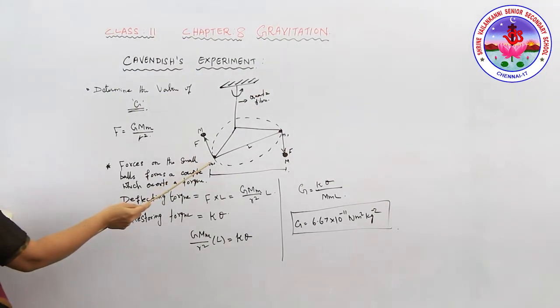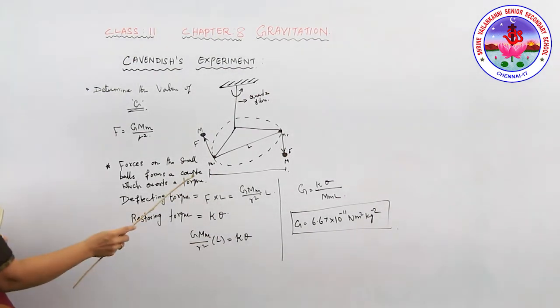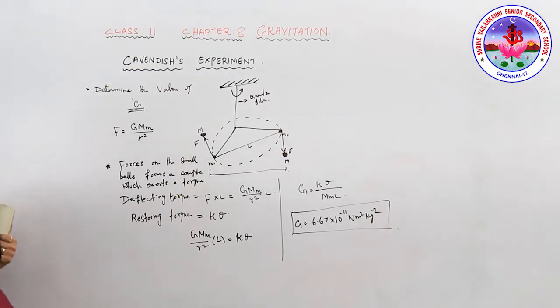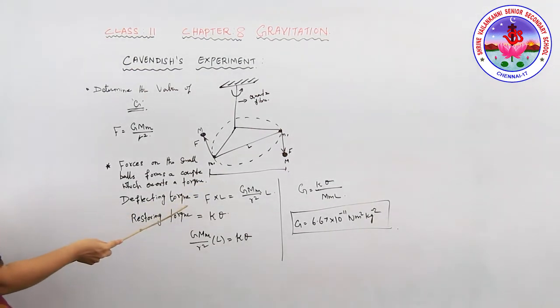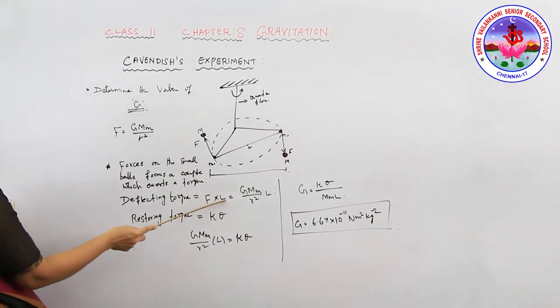Because of the twist, it forms a couple, and the couple will exert torque. So the torque, we know that tau is equal to force into perpendicular distance. That is the formula. So the deflecting torque tau is equal to F into L.